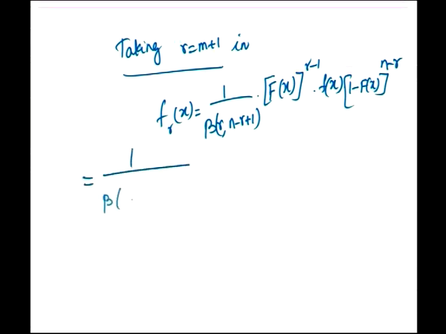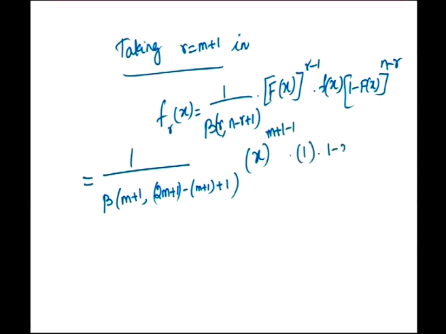1 by beta of m plus 1 comma n is taken as 2m plus 1, right. So, 2m plus 1 minus (m plus 1) plus 1. And capital F of x is x, at the same time r minus 1, so m plus 1 minus 1, small f of x is 1, and (1 minus x) whole power n, which is 2m plus 1, minus r is m plus 1.